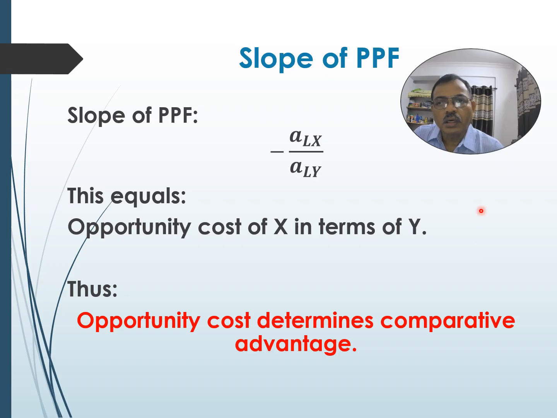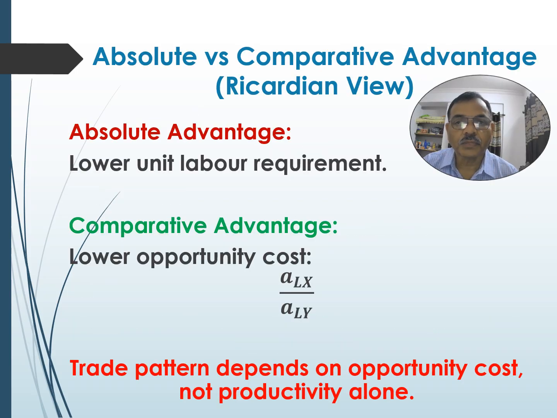But how does this differ from absolute advantage? Let us see. Absolute versus comparative advantage. A country has absolute advantage if it has lower unit labor requirement in producing a good. However, comparative advantage depends on the relative ratio of labor requirements.